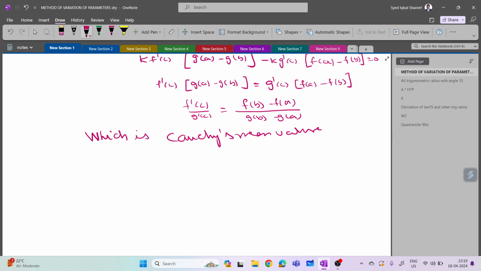Now case 2. Case 1 we have taken, we got Cauchy's theorem. Now in case 2, suppose g of x equals x and h of x equals a constant function.